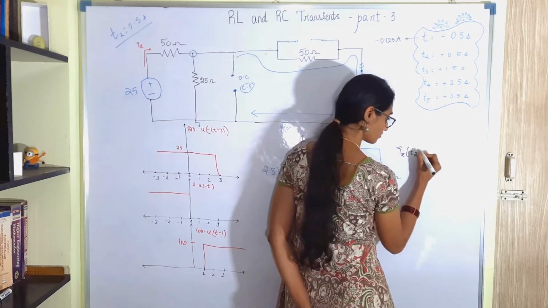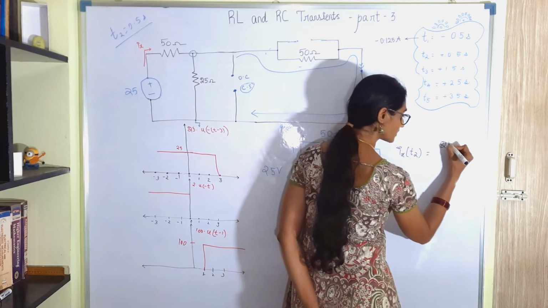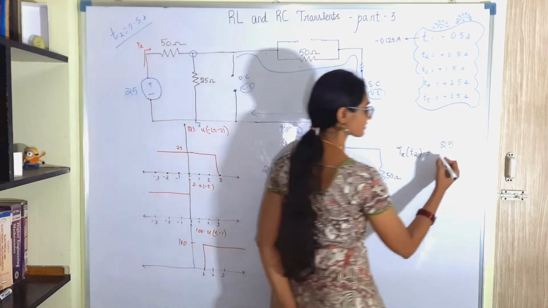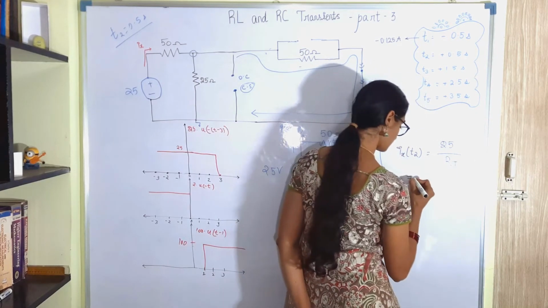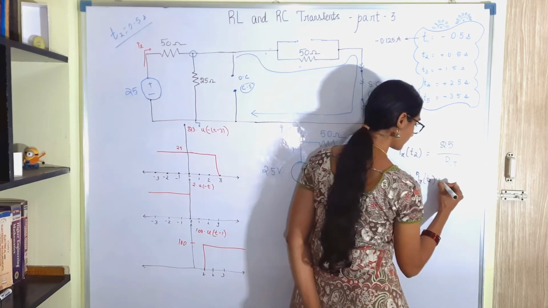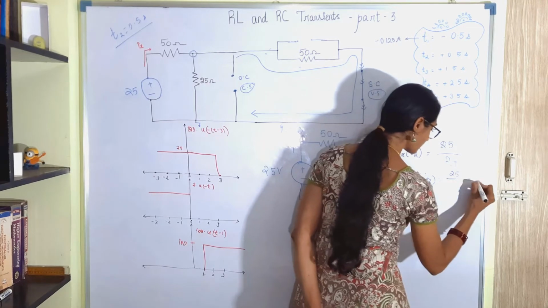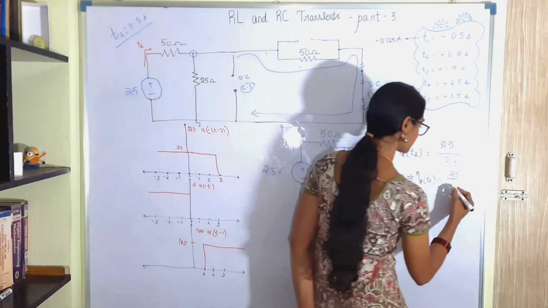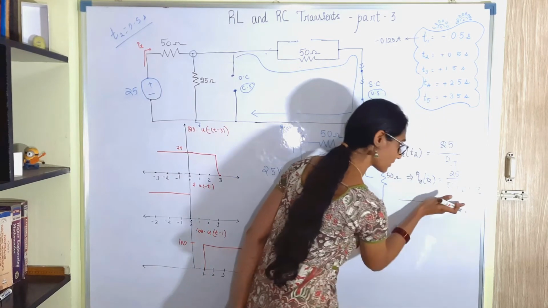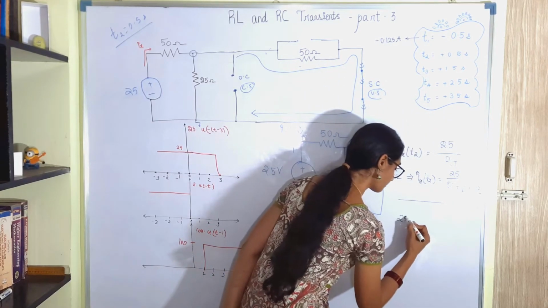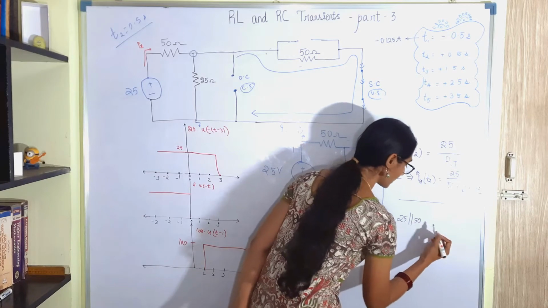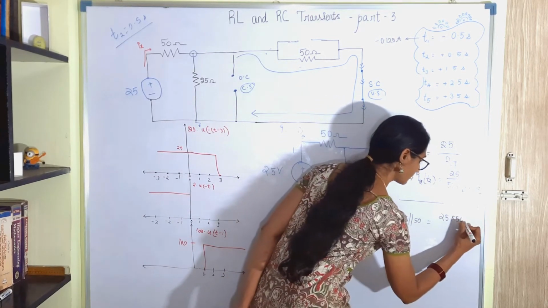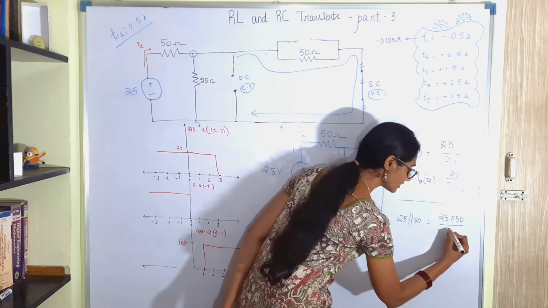Ix at time t2 will be the total voltage supplied, which is 25 volt, divided by the effective resistance. Ix at time t2 will be 25 divided by the effective resistance, which is 50 plus 25 parallel with 50. Okay, we'll just park it here. We will find the value of 25 parallel with 50 and then add it to 50. 25 times 50 divided by 25 plus 50, 75.